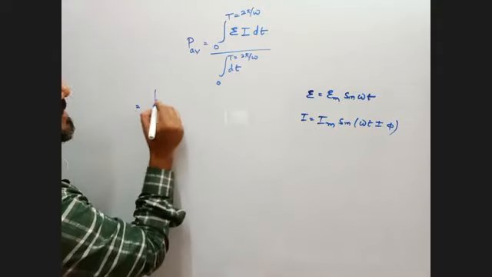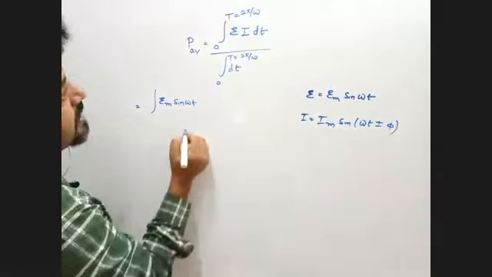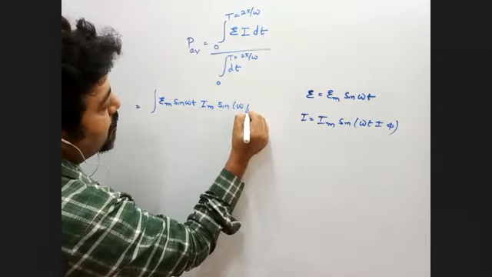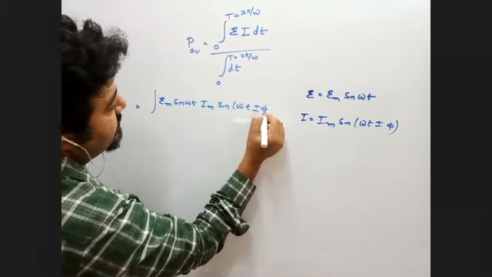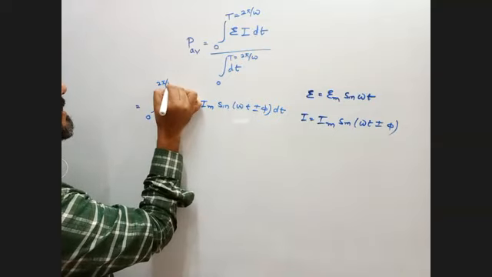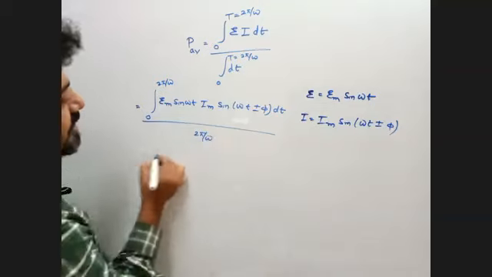So E, that is EM sine omega t, into IM sine omega t plus or minus phi, dt from 0 to 2 pi by omega, and dt you can write directly as T by omega.